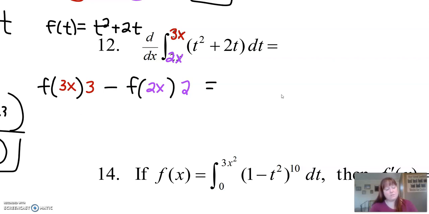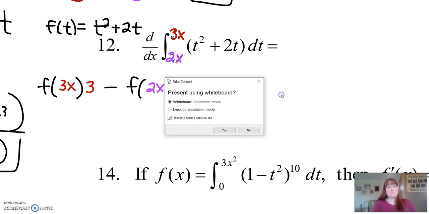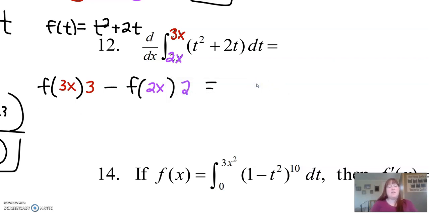This one happens to have a function on both limits of integration, so neither one of them ends up being 0. So what is f of 3x? Well, f of t was t squared plus 2t, so we do 3x squared plus 2 times 3x.